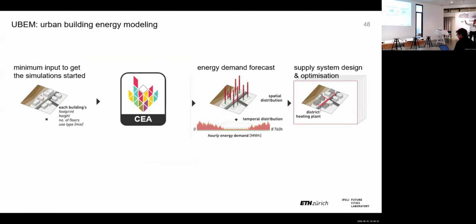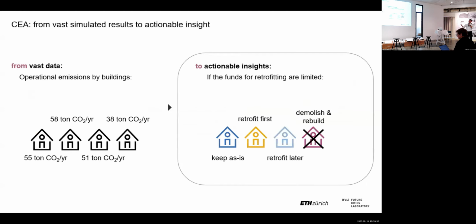With these inputs, it can very quickly generate demand results and the design of the supply system. Hence, this supports our study. And I mentioned in the beginning, we want to study the interdependencies between active and passive measures of urban quarters. I'll give you some examples.